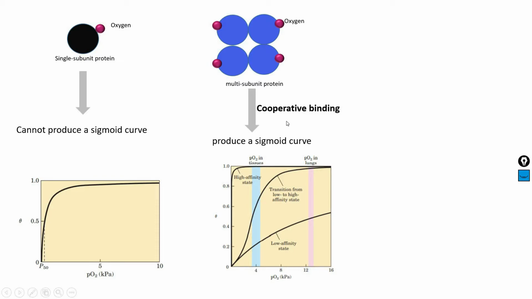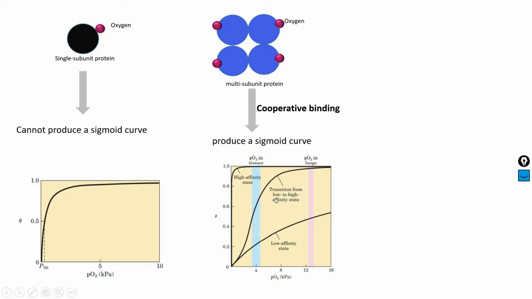This kind of binding is cooperative binding, and the cooperative binding of a ligand to a multimeric or multi-subunit protein is a form of allosteric binding. The allosteric effects give rise to cooperativity, and the cooperativity is mediated by conformational changes that are transmitted from one subunit to another by subunit-subunit interactions.